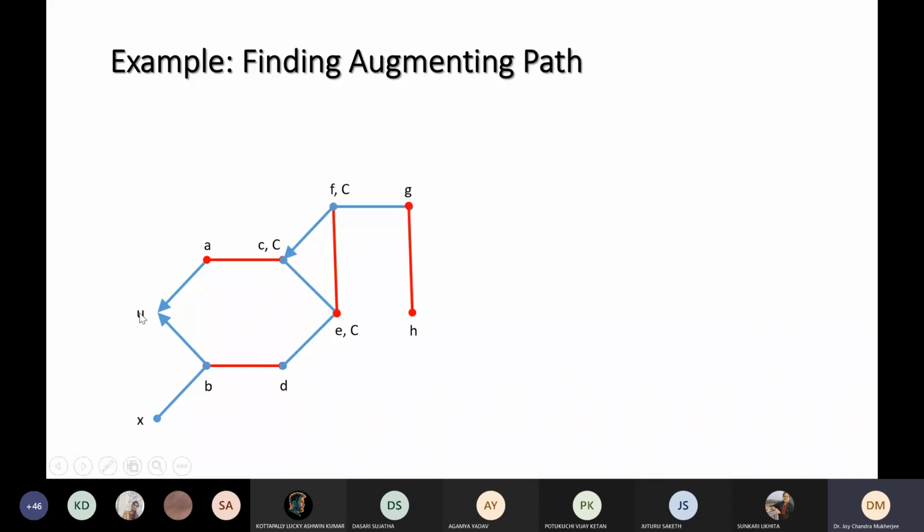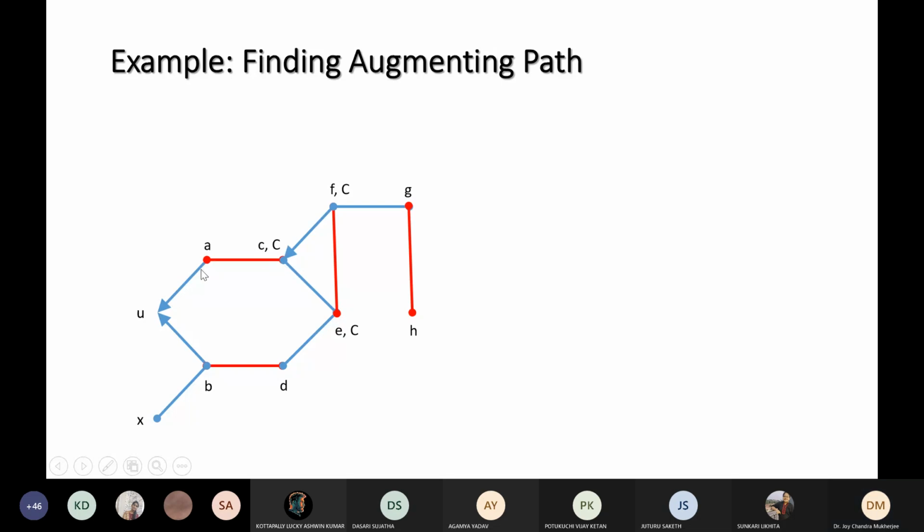You find any unsaturated vertex U here. You see all its neighbors which are not in T. Okay, you see that A, B both are not in T, so you go from A to C. There is a saturated edge.